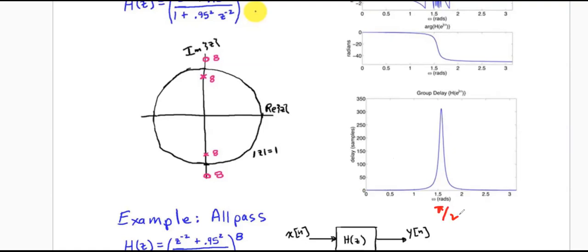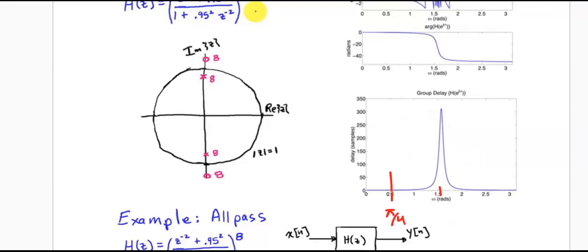So this is just the rate of change of this diagram, and we can find that at the location of pi by 2, the value is almost 300. This is very significant. This is a group delay plot: at the frequency pi by 2, the delay is 300. For a lower or higher frequency, let's say pi by 4, what is the delay?